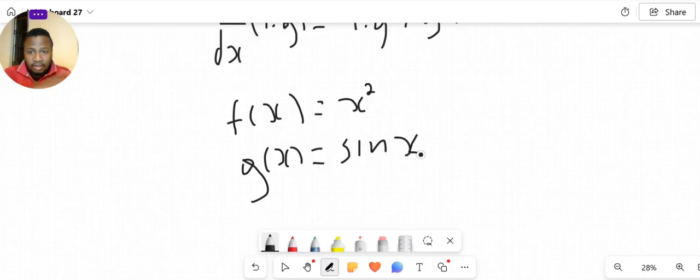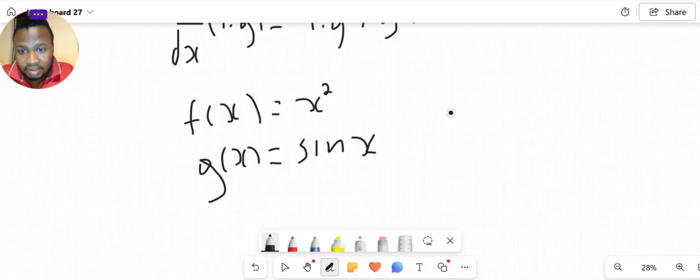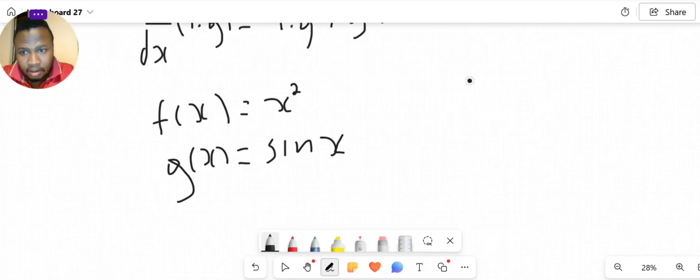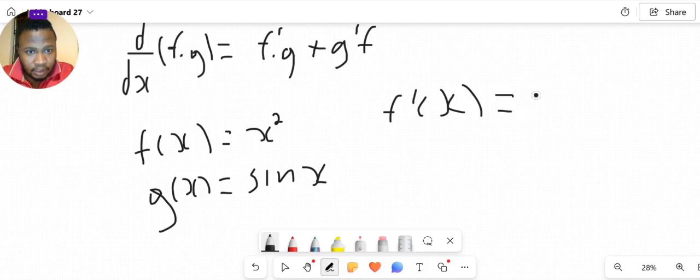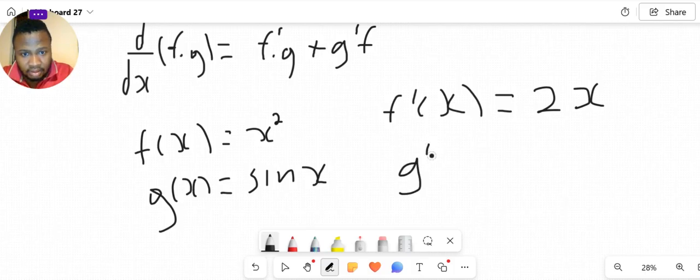Let's find f prime of x and g prime of x. If f of x is x squared, then what is the derivative? F prime of x should be 2x, and g prime of x is cos x.